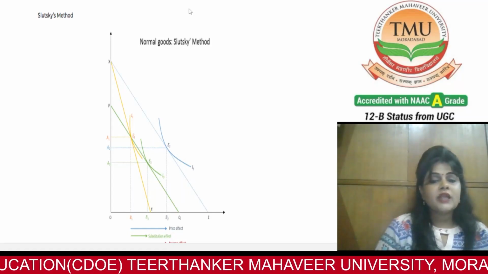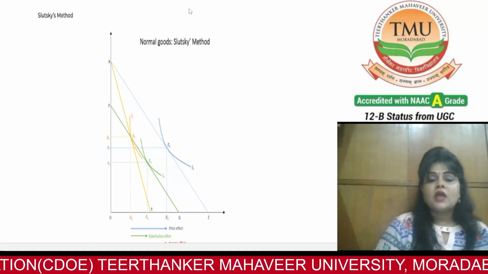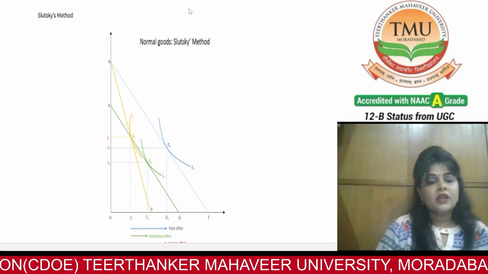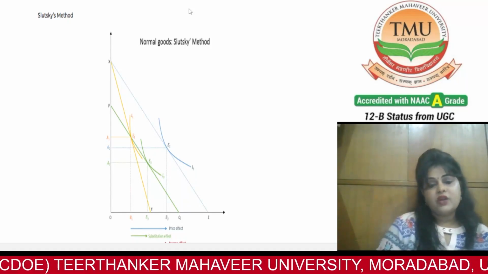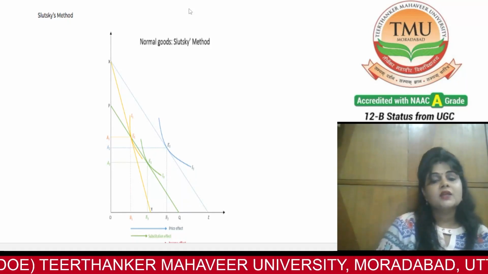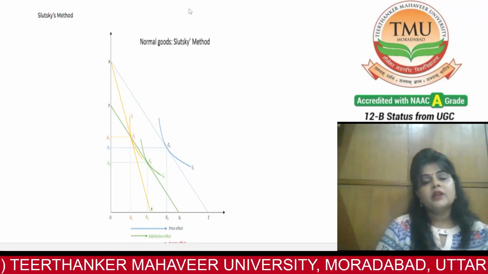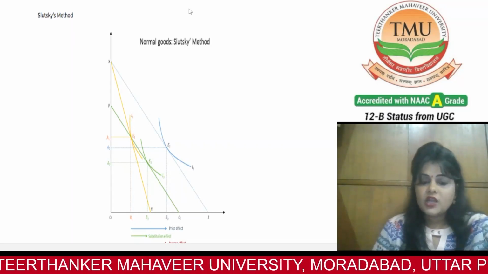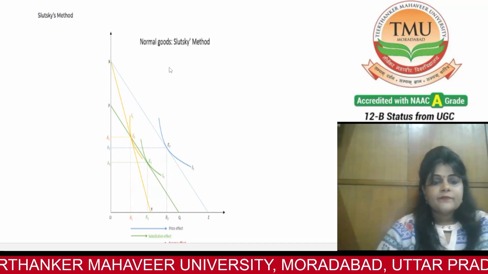The new budget line must be tangent to the original indifference curve. Hence, the income effect is eliminated by reducing the income level through a leftward shift in the budget line. As a result, the visible change in quantity demanded is due to the substitution effect only.